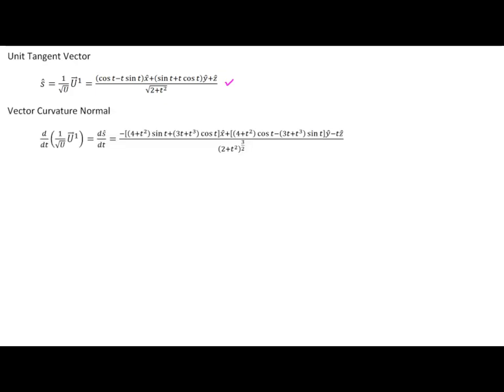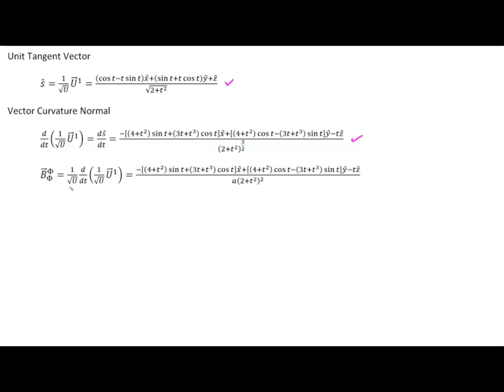Well, let's move on and see if we can find the vector curvature normal. Well, to do that, we first have to find the derivative of this expression with respect to t. And that's a lot of work. It's pretty tedious, but if you go through the exercise, you'll find out that it looks like this. This is the derivative of s hat with respect to t. Well, that's not quite the vector curvature normal. To get that, we have to include another factor of 1 over the square root of u.